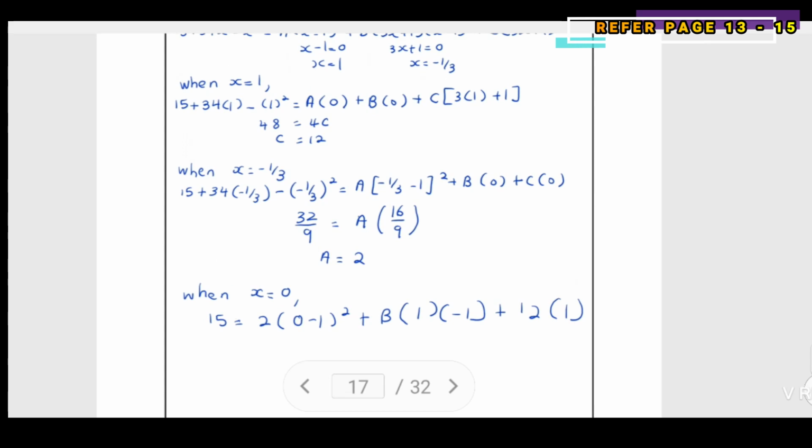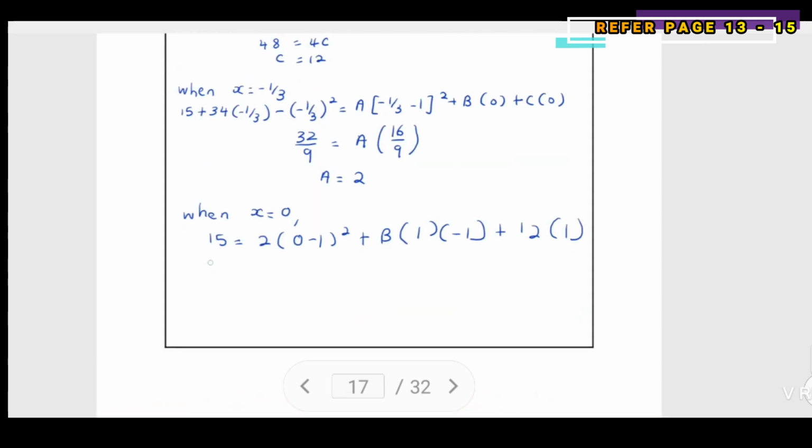So when we simplify the equation, on the left hand side we have 15, and on the right hand side we have 14 - b. So b equals -1.